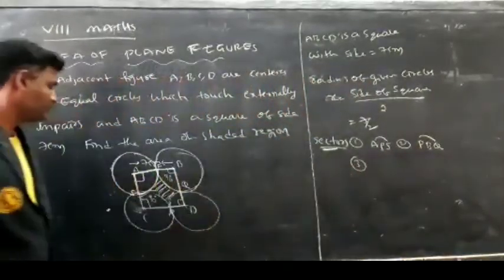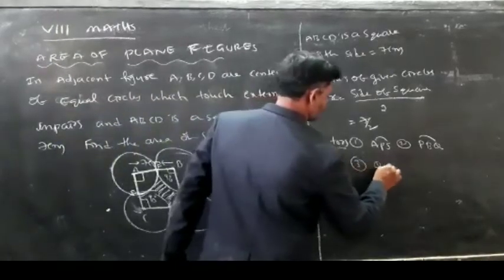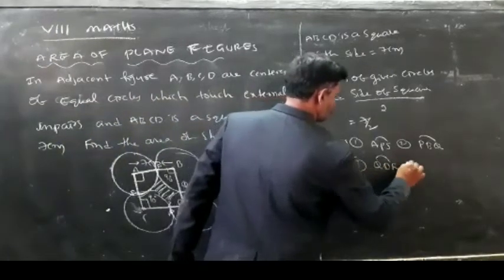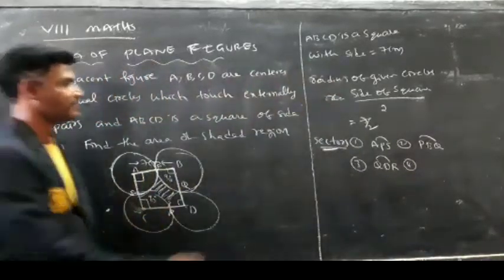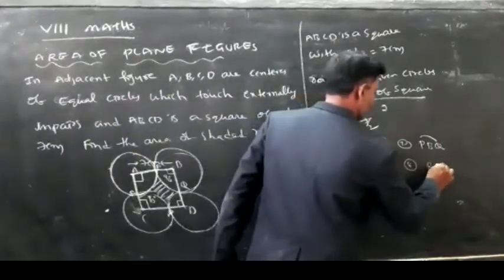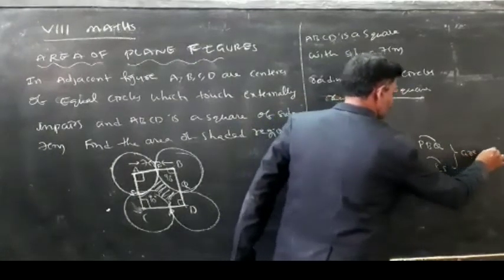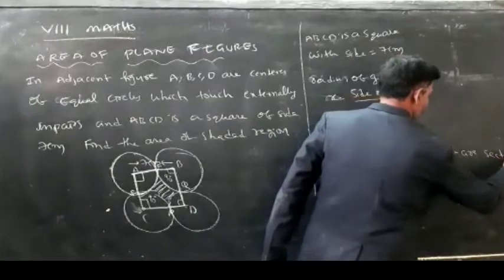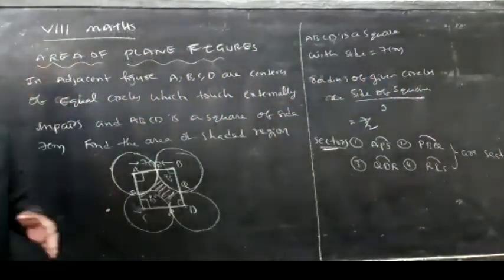Third one QDR. Then fourth one RCS. So by joining the centers of the circles, four sectors are found.